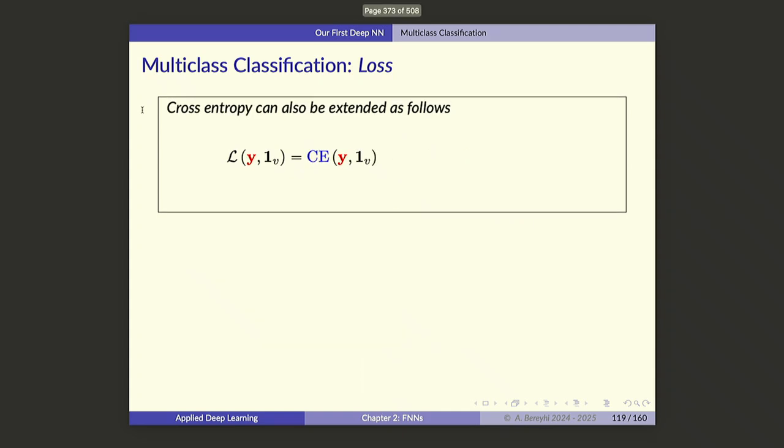Now, what about the cross entropy? How can I define the cross entropy here now? What did we do when we were doing cross entropy? Do you remember the binary case? In the binary case, when the true label is 1, what is the cross entropy? If the true label is 1.